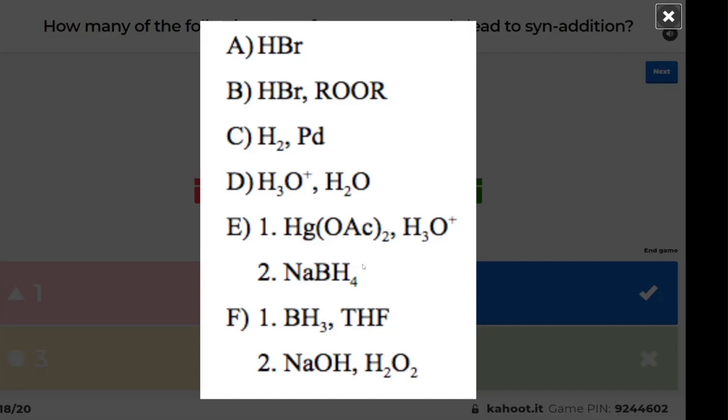And then the second step just makes the mixture racemic. By racemic, I mean, yeah, because you're adding a hydrogen. So yeah. And then F is also syn addition because if we remember, the BH2 and H are added on the same side of the double bond. And then later the OH will replace the BH2.